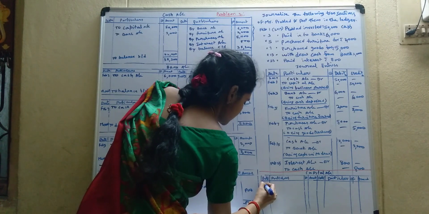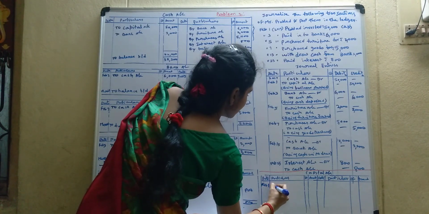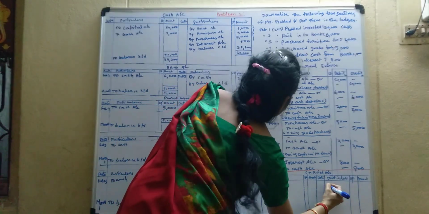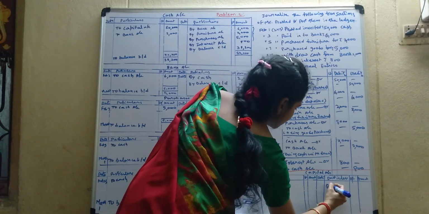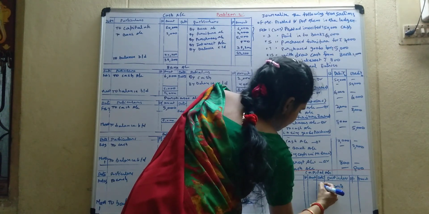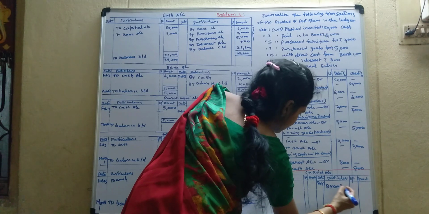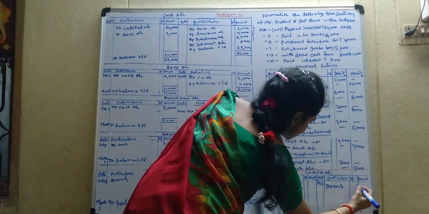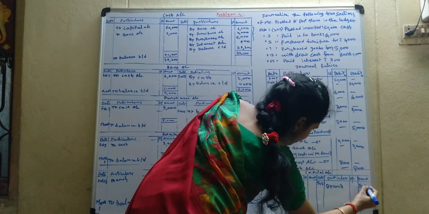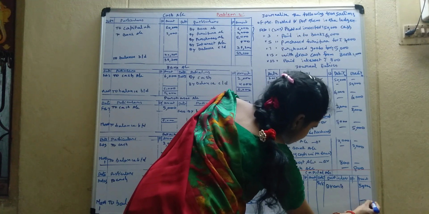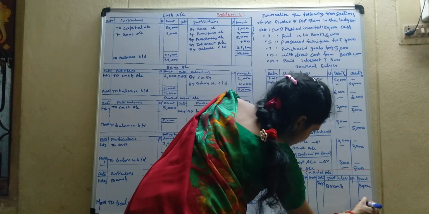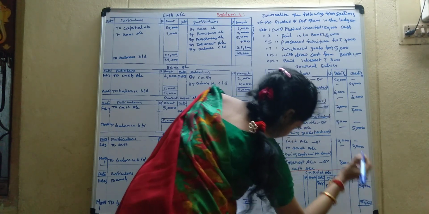And the remaining account, capital. February 1st. By cash. February 1st. What's the amount? 50,000. 50,000.